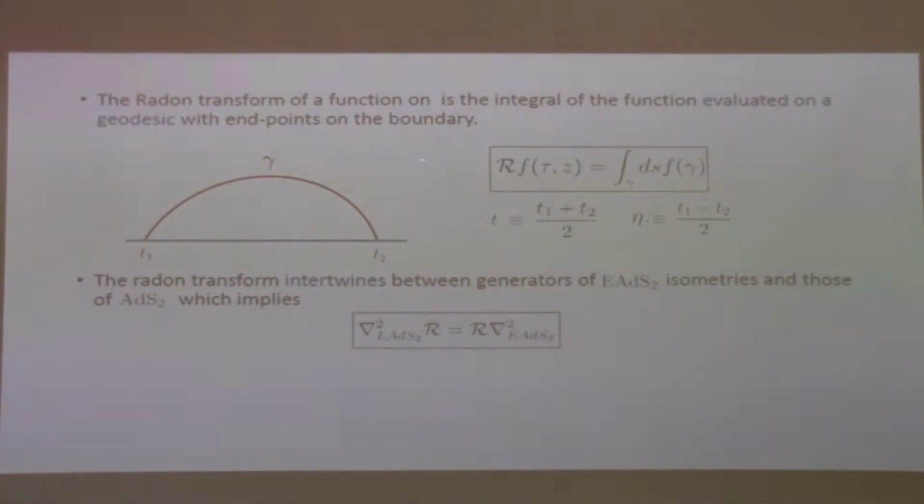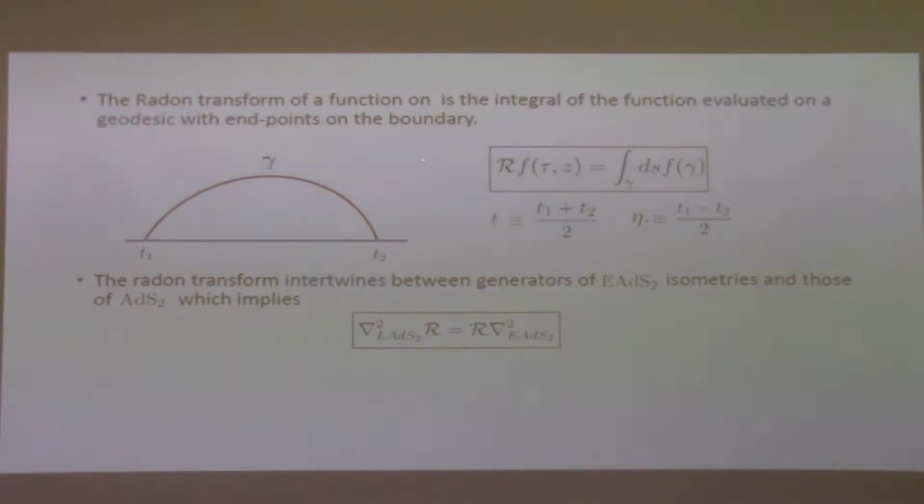What a Radon transformation does is to take this function and evaluate it along a geodesic which joins these 2 points, and integrate that function over the geodesic with the invariant measure which I have written as ds.